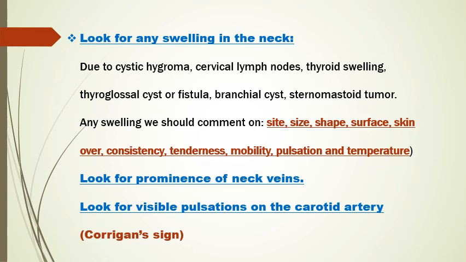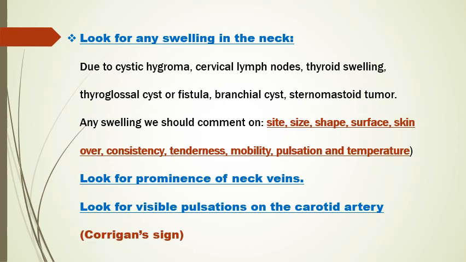The surface, the skin overlying, affected or not, the consistency, soft or hard, the tenderness, painful or not, the mobility, the mass is mobile or not, pulsation, there is pulsation overlying the mass or not, and temperature.